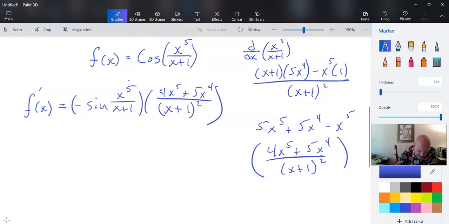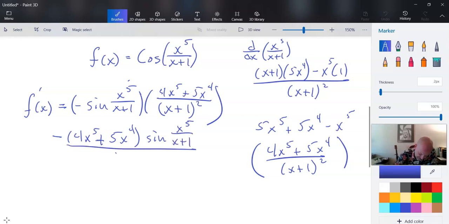I actually want to clean this up because this is an awkward way to write it. So I'm going to say this is now 4x to the fifth plus 5x to the fourth times the sine of x to the fifth over x plus 1, and I'm going to put that negative out front so I don't forget it, divided by x plus 1 squared. Yeah, there we go.